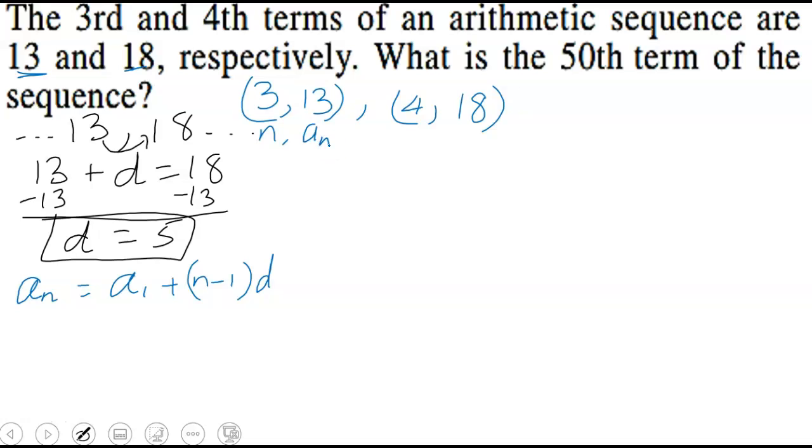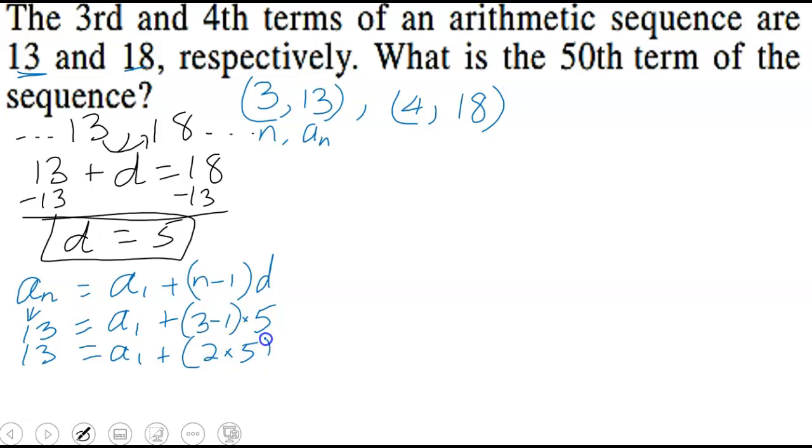If we take the first one, substitute an for 13 to find a1, n is 3, minus 1 times the common difference, which is 5. So 13 equals a1 plus 2 times 5, which is 10.